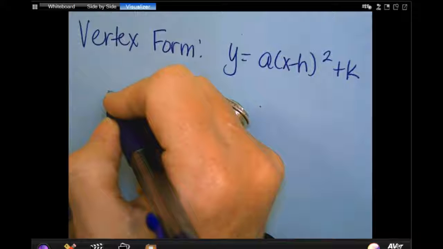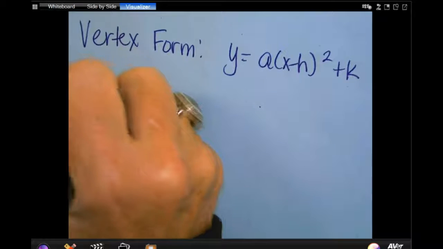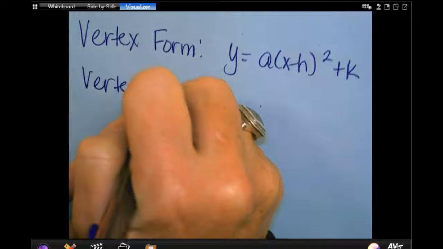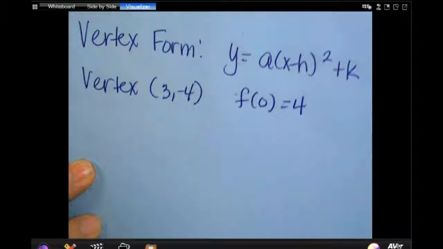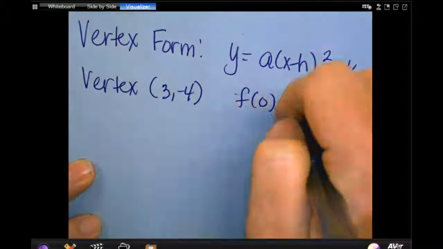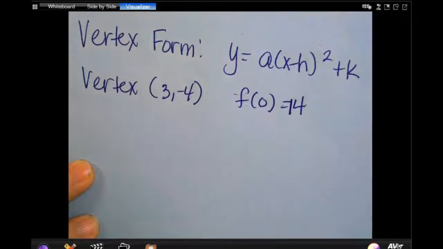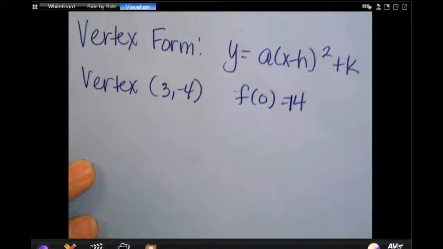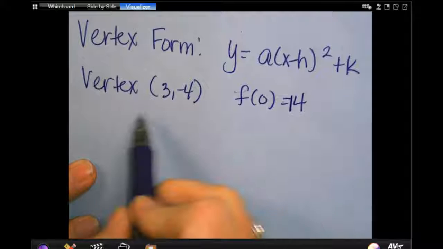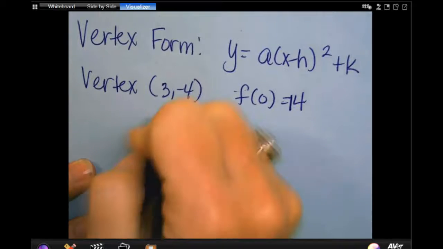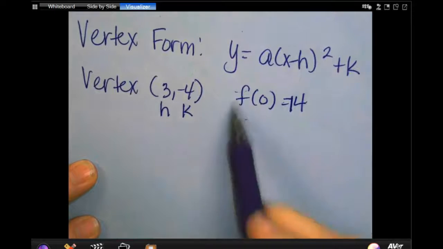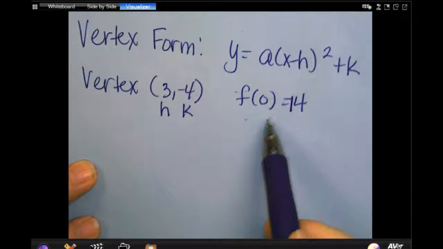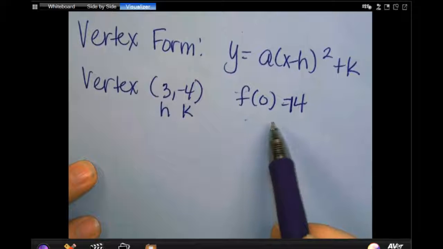So if I'm given this, the vertex is h and k. And when this is written this way, this is a point on the parabola.